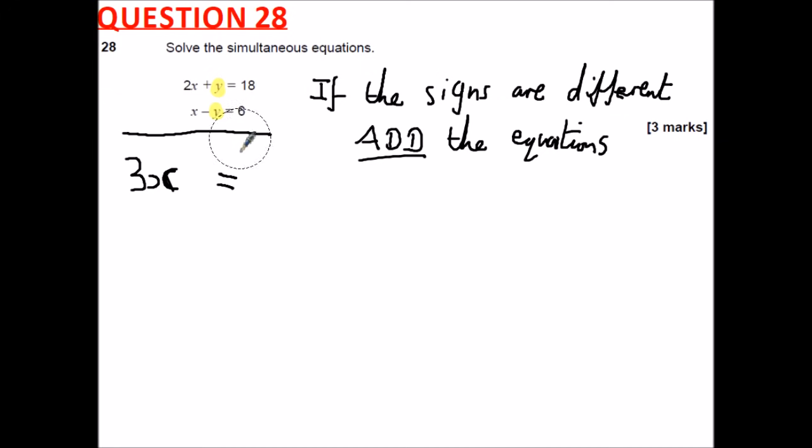On the right, 18 plus 6 is 24. If 3x is 24, we can work out what just 1x is by dividing by 3. So if we divide both sides by 3, 24 divided by 3 would be 8.